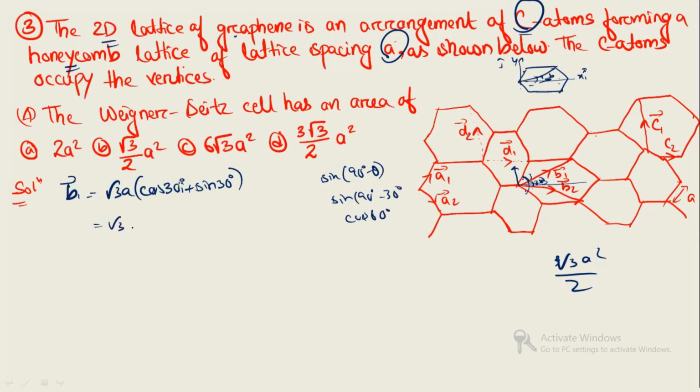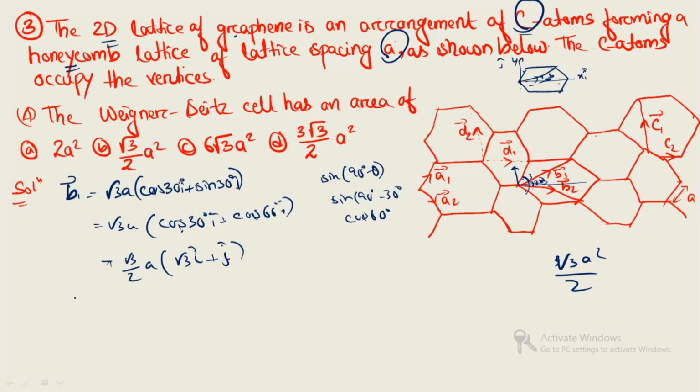So it will give you √3 a, cos 30 degrees i cap plus cos 60 degrees j cap. Cos 30 degrees is √3 by 2, so √3 a by 2, with 2 taken outside, is √3 i cap, plus cos 60 degrees, which is 1 by 2, so just j cap. Now when you calculate b2, it will be the same but with a negative sign, because on this side you will have minus j cap.